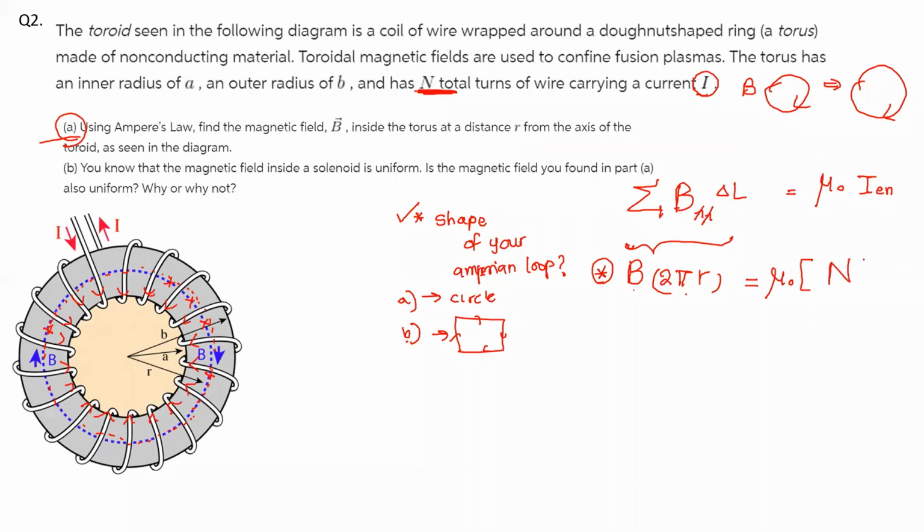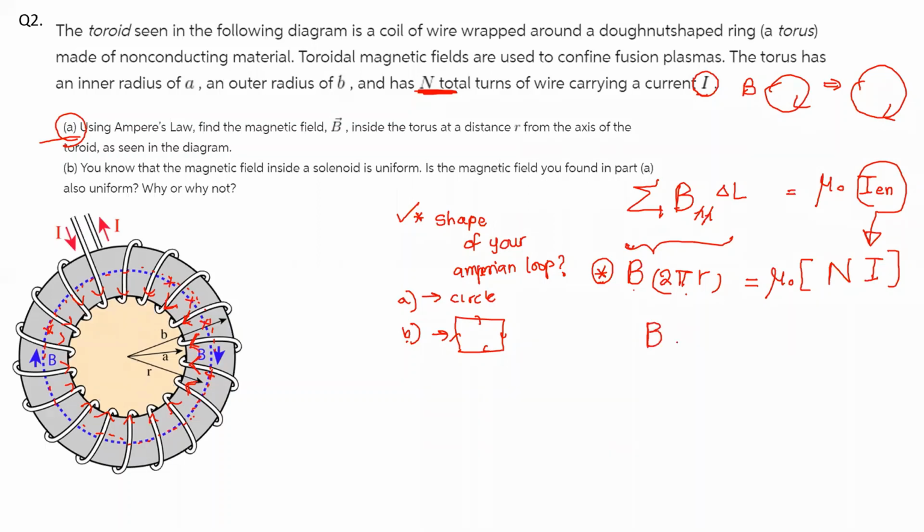So n times I is the total enclosed current inside it. It's not just one wire, there are n wires with current I, so you just add all the I's together. So N I.